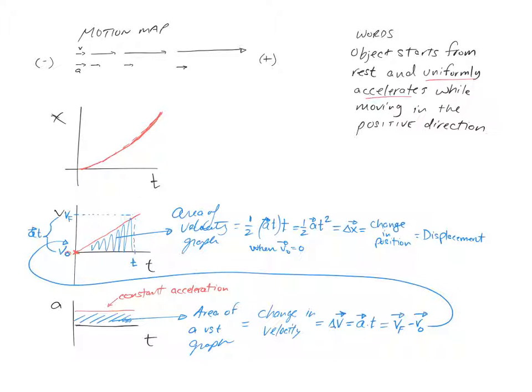We can also look at the slopes. I'll do that up here. So average velocity is going to be the change in position divided by change in time.